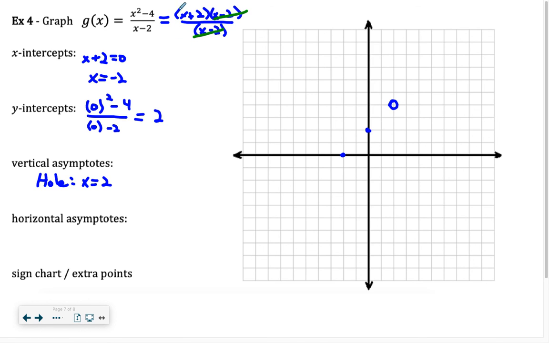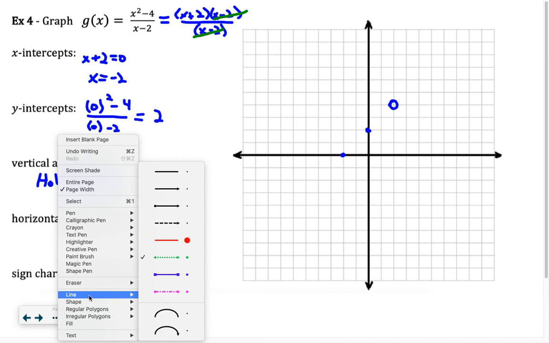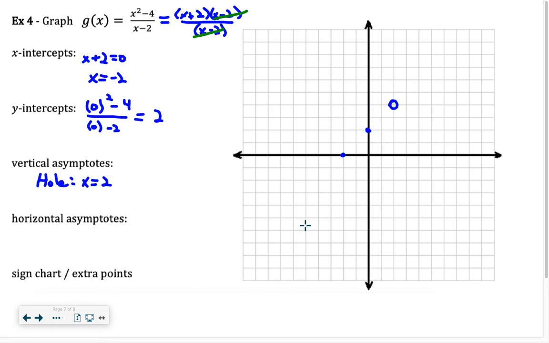So this is a line with a slope of 1 and a y-intercept of 2. The only difference between this function, the function that I'm graphing, and the line x plus 2 is that I have a hole here at the point 2, 4. Otherwise, this is going to look exactly the same. So let me get a nice line going here.